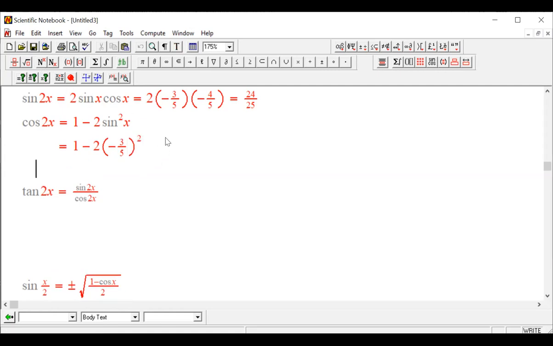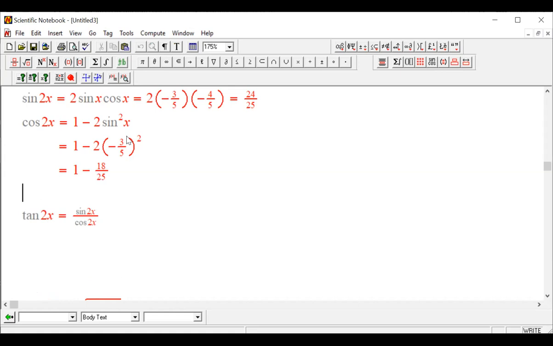Then that equals 1 minus, -3 squared is 9, 9 times 2 is 18, 18 over 25. And in the end, we get +7 over 25.